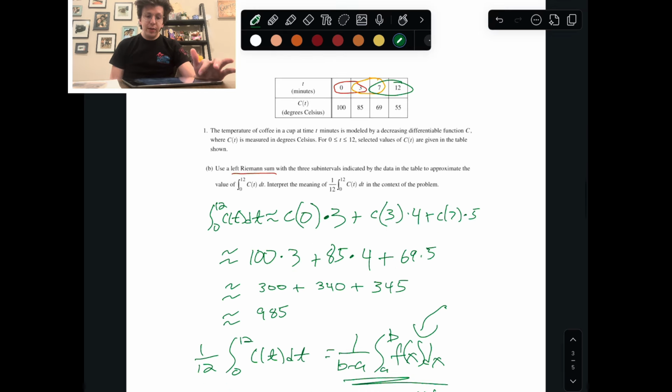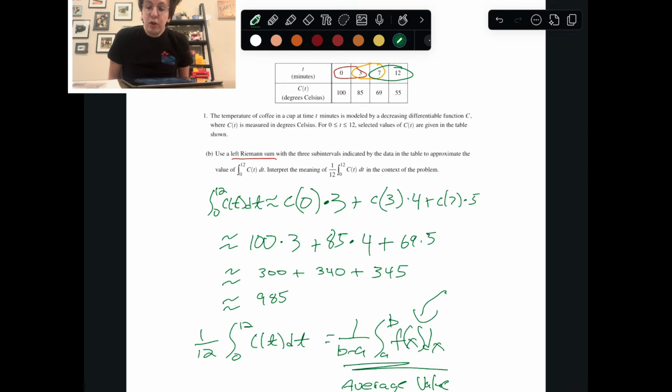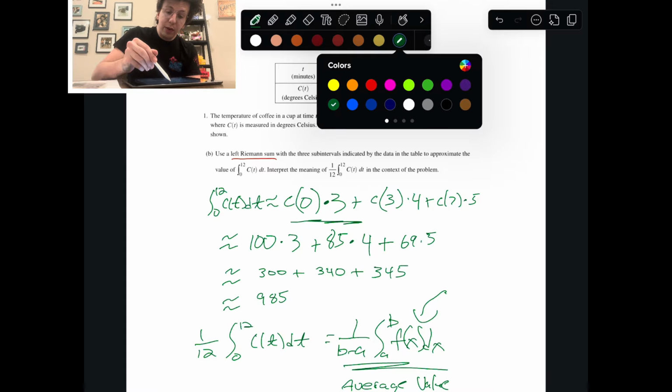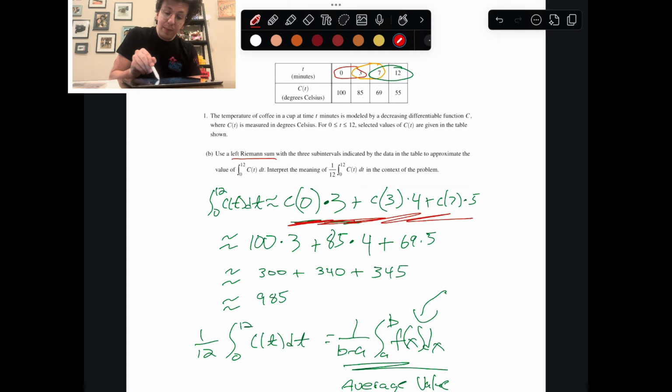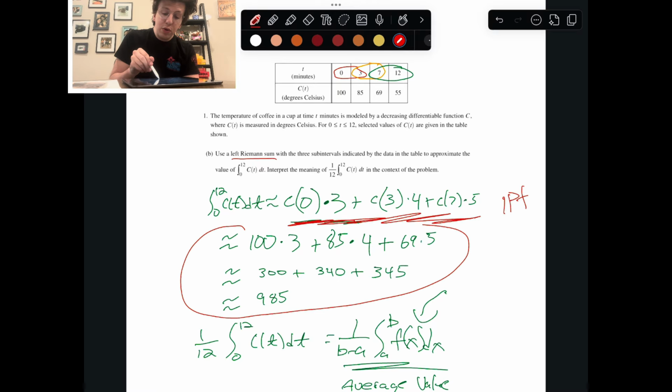Part B, let's go and look at this. They gave you a point if you had the correct Riemann sum setup. If you did left Riemann sums correctly, they would have given you a second point if you correctly found the left Riemann sum number.